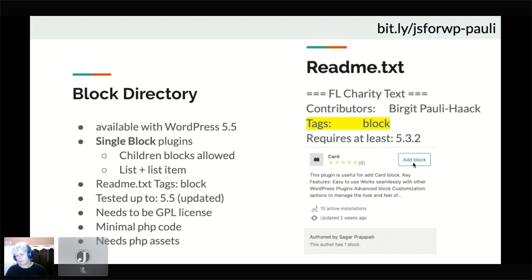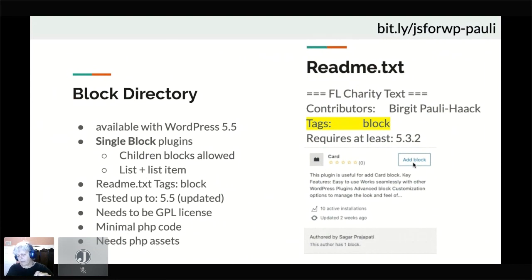So I have just pulled the README text from my plugin. And then you see here the display of the card block from the video, where you have the name, you have an icon, and then you have a description that comes from the header. It's not reading all of the header.